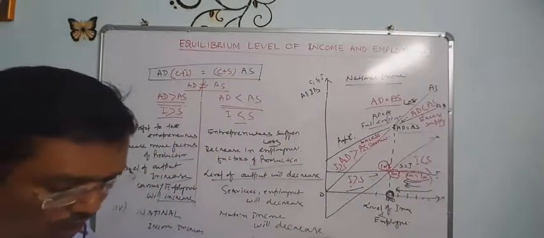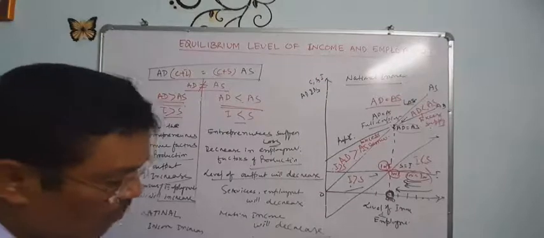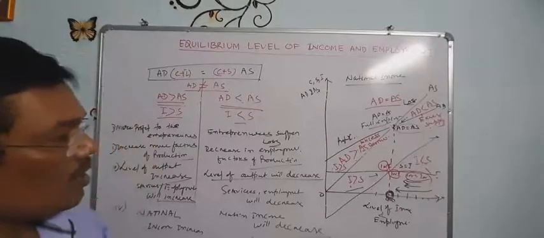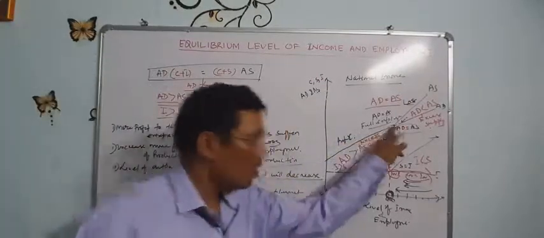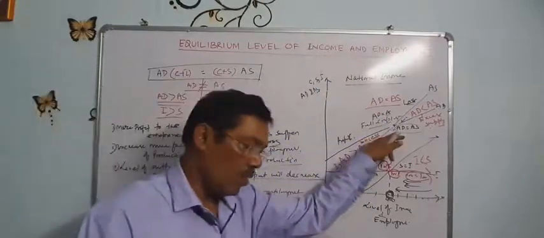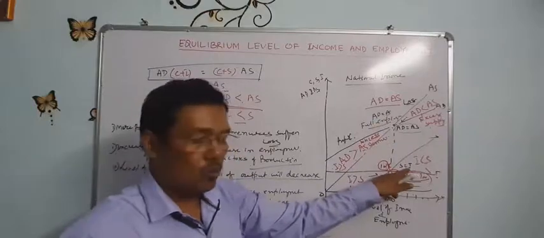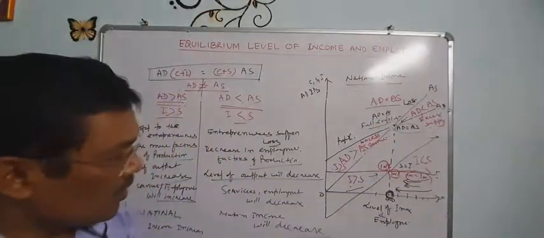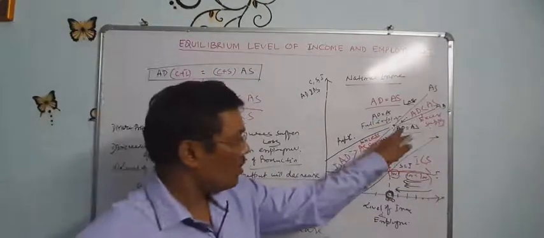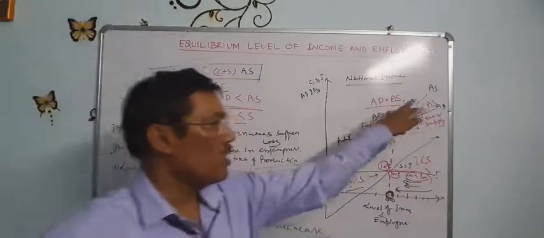So the important concepts of Keynesian theory: this is called the full employment situation, this is where aggregate demand equals aggregate supply, and when AD equals AS, then saving and investment are equal. If not, then it is either this situation or that situation.